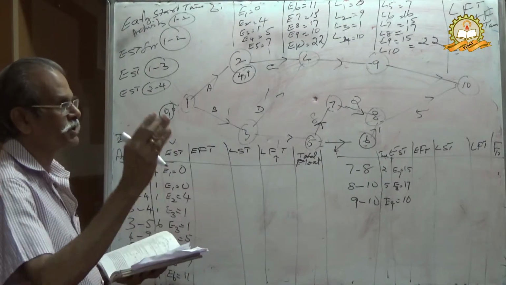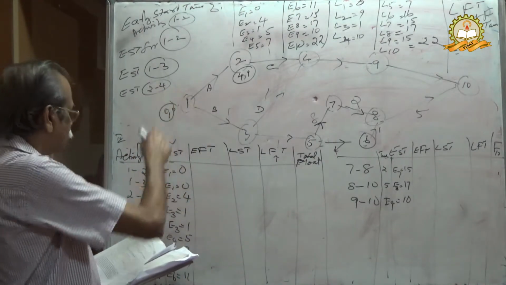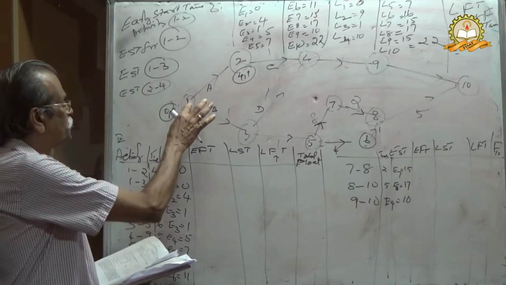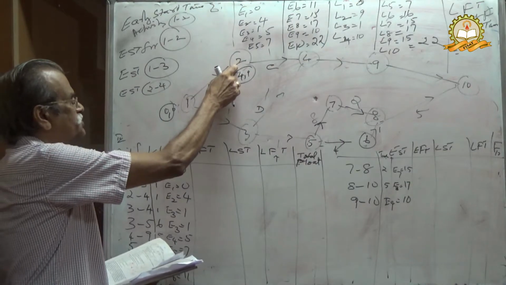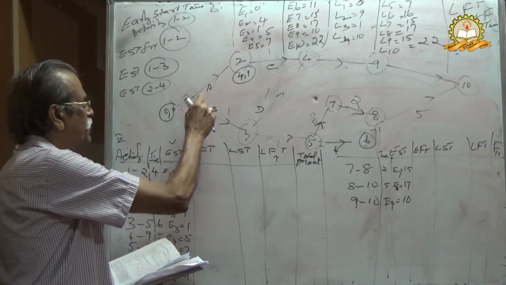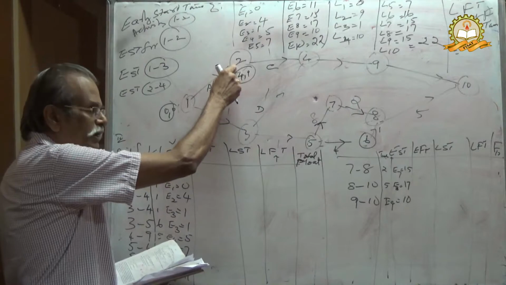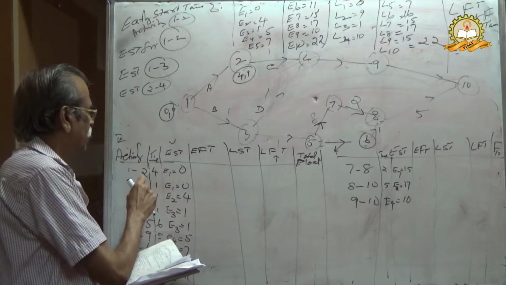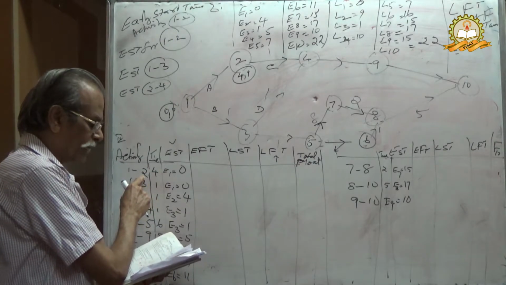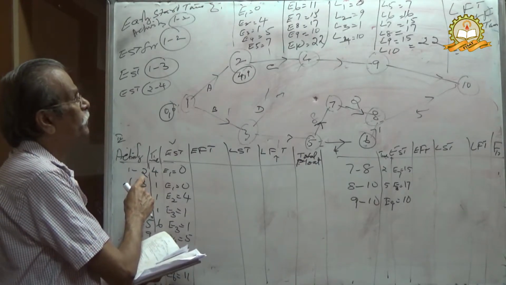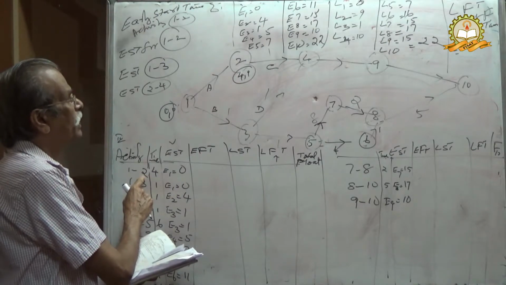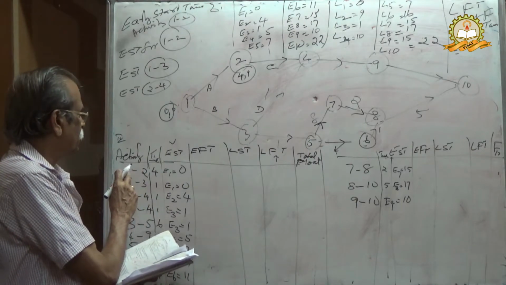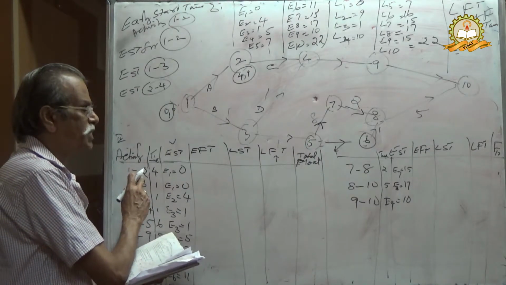Now consider again 1 to 2. Activity 1 starts from here and ends here. That is, E2 is the ending point. 1 to 2 means LFT will be L2. E1 is the starting point, 2 is the ending point.